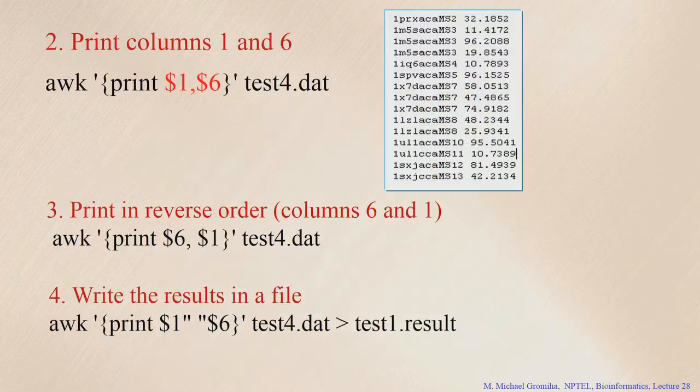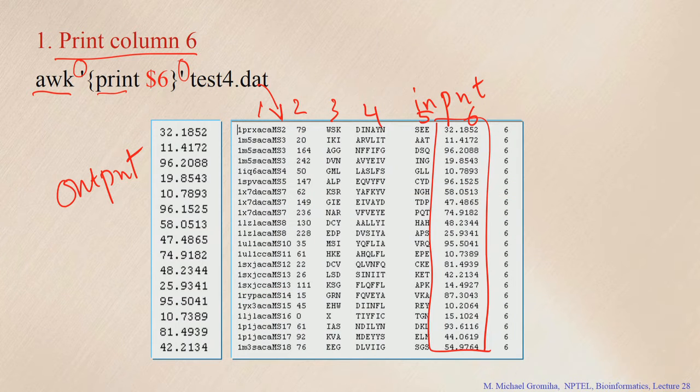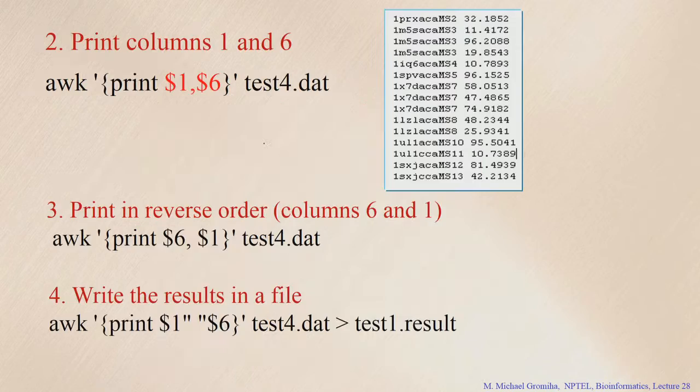For example, if you want to print 2 columns, such as $1 and $6, because this column has only numbers, I want to get the names plus the numbers. So in this case you use awk, and in the quotes you give the action: print $1 as well as $6, then you give the input file name.